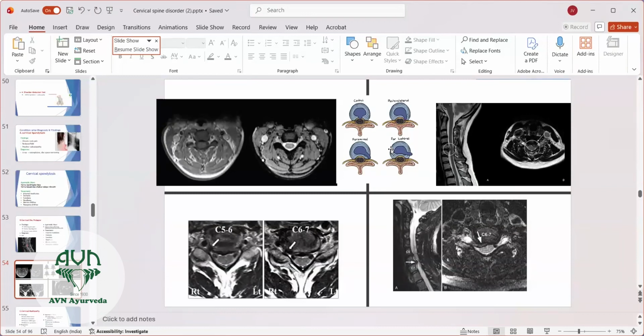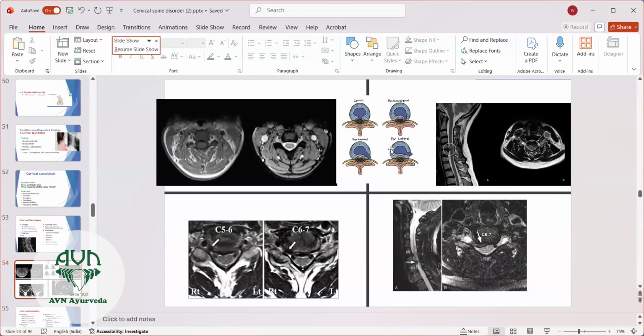And if the prolapse is at C7 and T1, affecting the C8 nerve root, the patient loses finger grip strength. Those are the motor deficits we can observe.